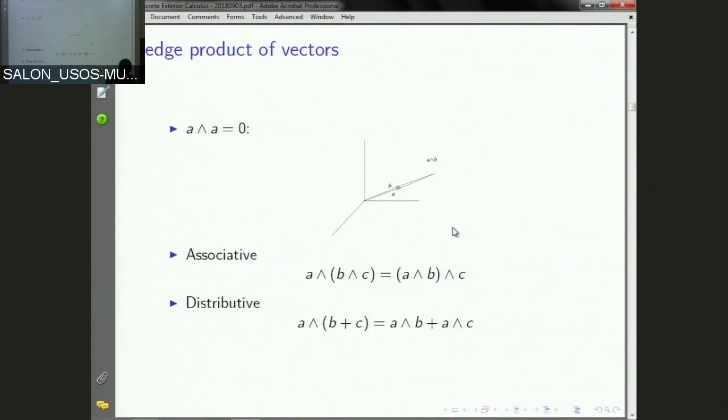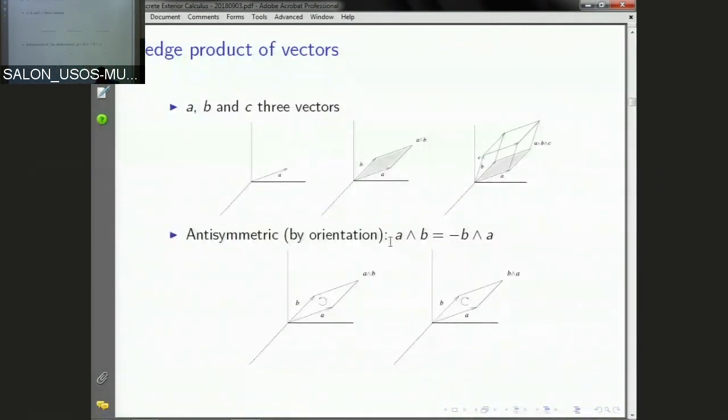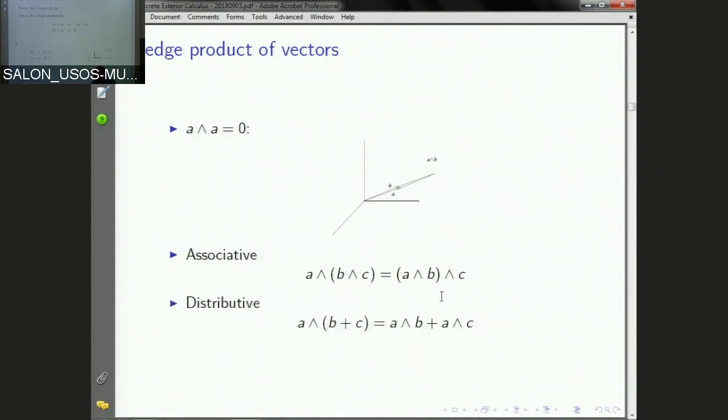So in the space of bivectors, it will be the zero bivector. Just for completeness, I will tell you that this product, the wedge product, is associative and distributive. Just remember that the main property, really the new property, is that it is antisymmetric, or anticommutative, if you want to call it that way.